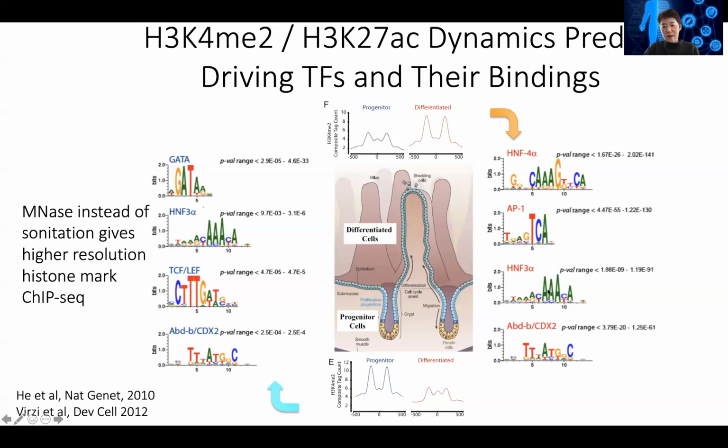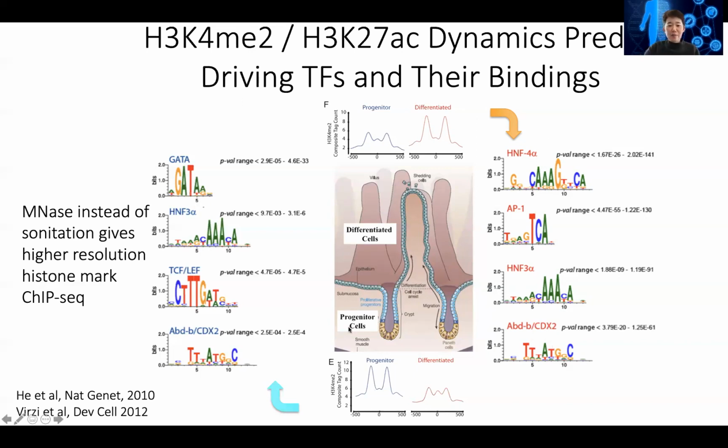We can also see that there's another group of transcription factors that bind to this location. And sometimes you might also see that the same transcription factor uniquely binds to some regions in the progenitor, but in the differentiated cells, it uniquely binds to some other location.